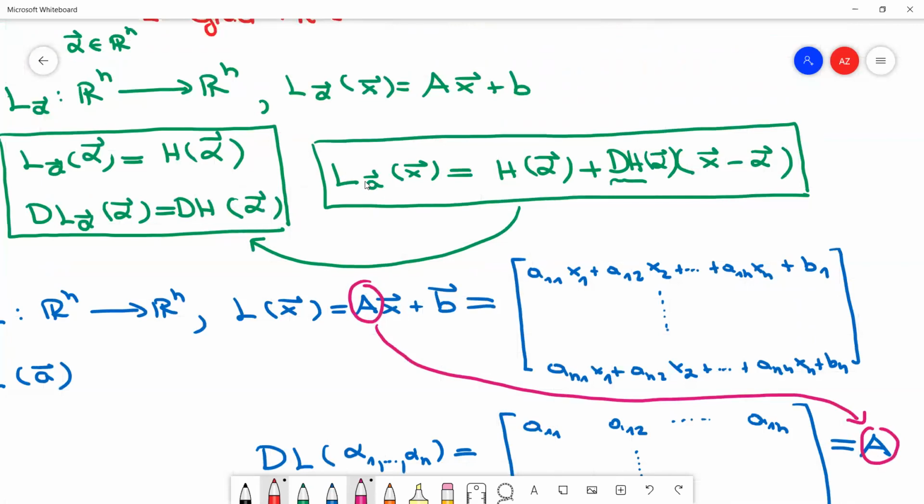So I formed this L of alpha. And this matrix, the derivative of the function h, was the matrix coefficient of x. So if we take the derivative of L, we take exactly this dh. But if we plug in alpha for x, then the second part disappears and h of alpha remains.